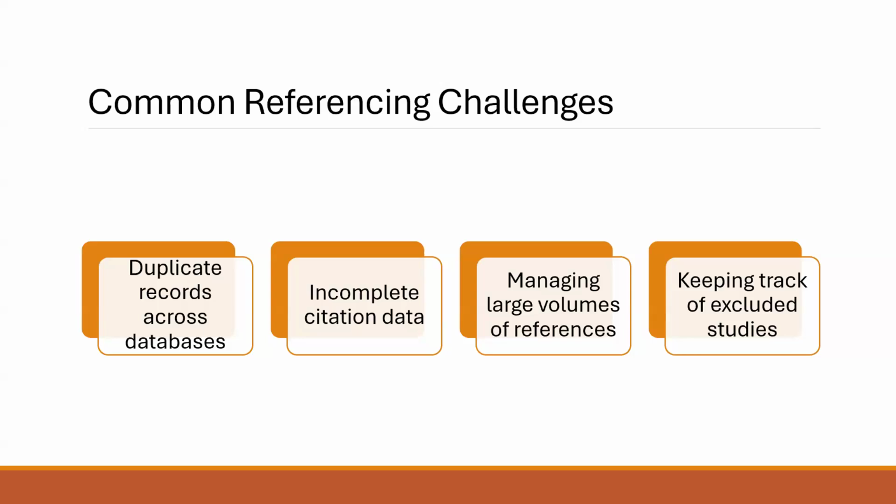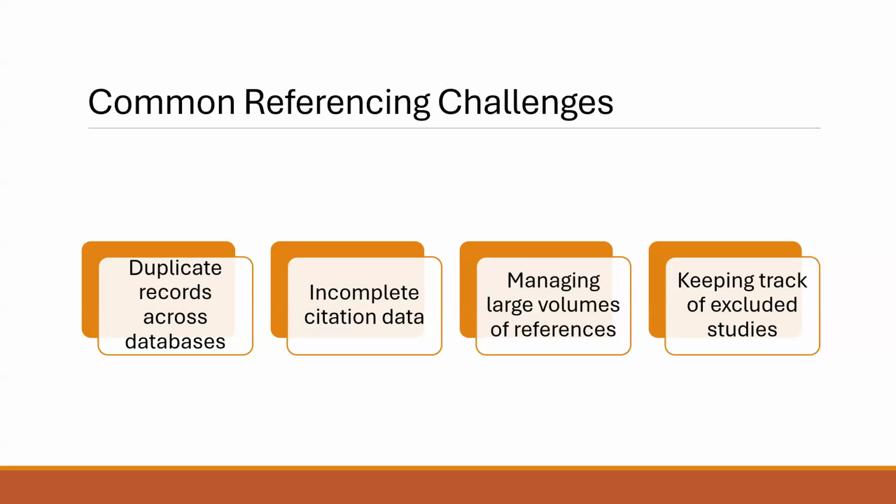Then sometimes there will be incomplete citation data, because when you check the articles, you will have only minimal information. Maybe the DOI is missing, or the issue or page number is missing, or sometimes you have to add it manually, even in the reference manager. So that will be a common challenge.